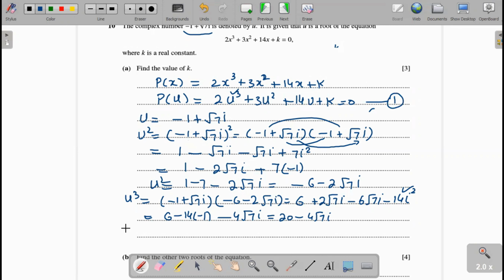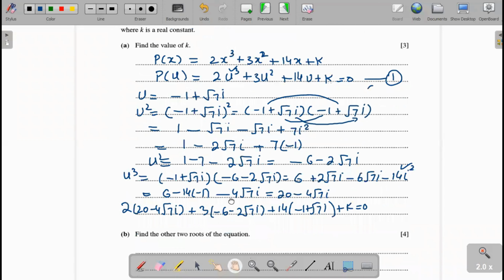Now we put 2 into u cubed, which is given here as 20 minus 4 square root 7i, plus 3 into u squared, that is -6 minus 2 square root of 7i, plus 14u, u is given here, -1 plus square root of 7i, plus k equal to 0.